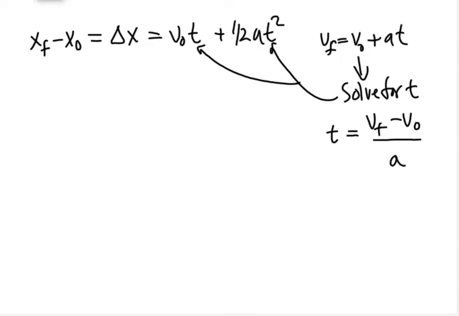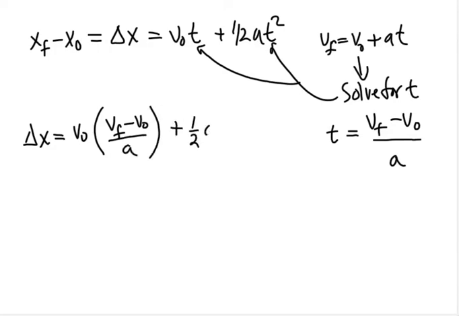Plug that into here, and we get delta x is equal to v0 times t, which is this expression, v final minus v initial divided by a, plus 1/2 a times this expression squared, v final minus v0 divided by a squared.